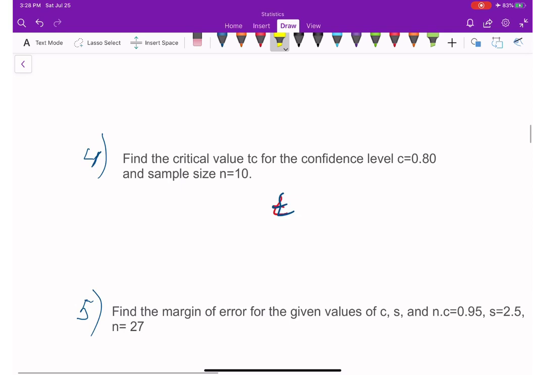So t critical, this is also tc, t critical is equal to 1.383.